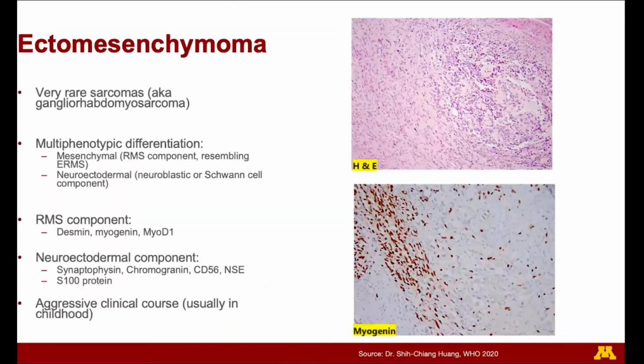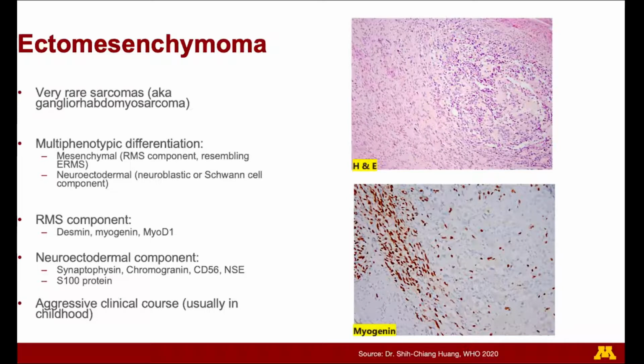The first tumor that I would like to talk about is ectomesenchymoma, with the caveat that this tumor is currently classified under the skeletal muscle tumors. They are very rare sarcomas, which were also known as gangliorhabdomyosarcomas, a term which is not recommended anymore by WHO. They usually occur in children younger than 4 years of age and are clinically aggressive tumors.